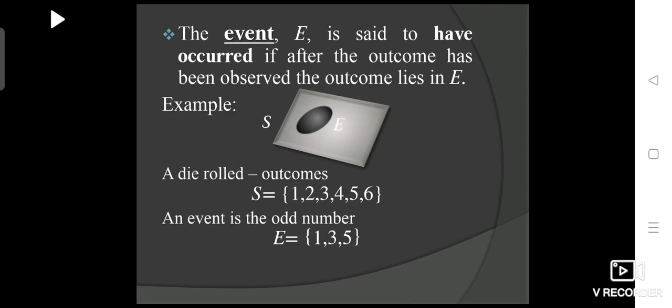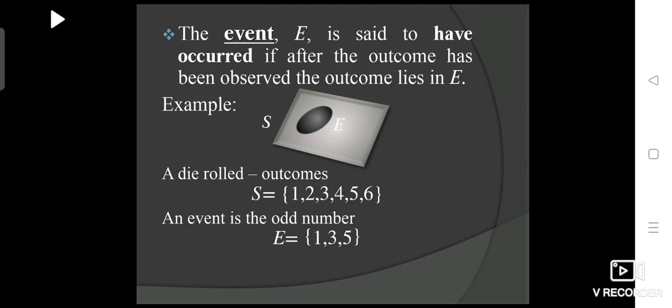Next one is event. It's said to have occurred if, after the outcome has been observed, the outcome lies in E. Same concept, but your sample space is restricted.